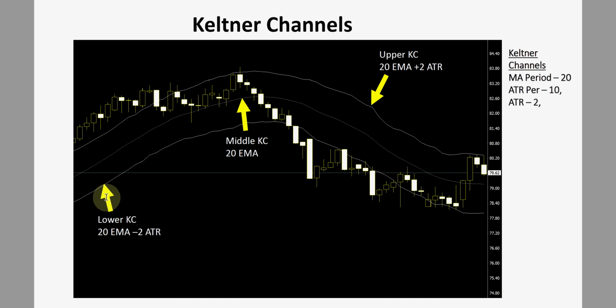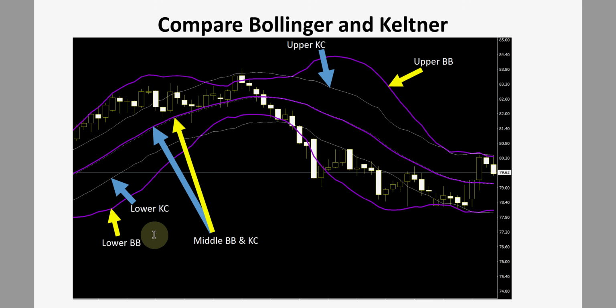Also the lower band of Keltner is 20 period EMA minus 2 ATR, whereas if you are talking of Bollinger, it is 20 SMA minus 2 standard deviations. That's the difference between the two indicators, which we shall see now.